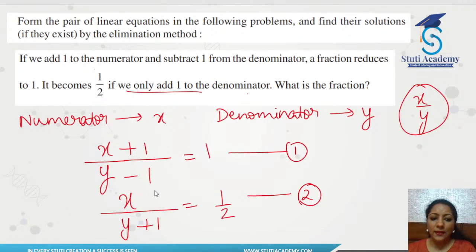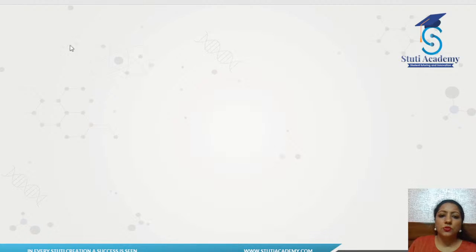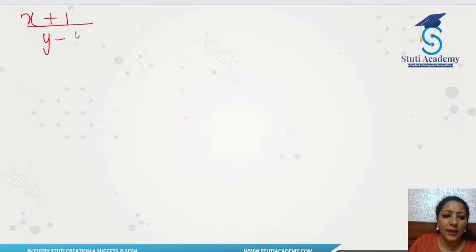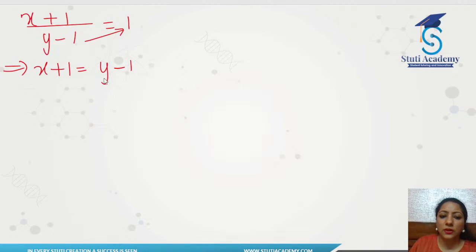We'll be solving them. Before we do anything else, we'll first simplify them because it's difficult for us to solve like this. So we'll write here the first equation. I'll write it again for you. We have x plus 1 over y minus 1 is equal to 1. This is the equation which we have. We'll cross multiply this. So in fact, we'll just take this on this side and we'll get x plus 1 is equal to y minus 1.